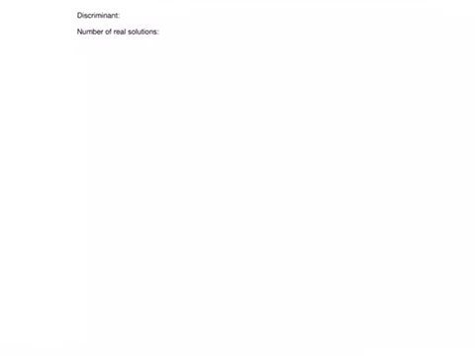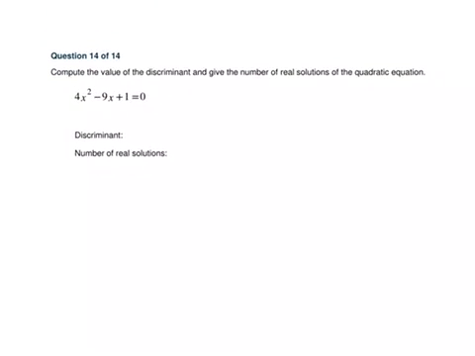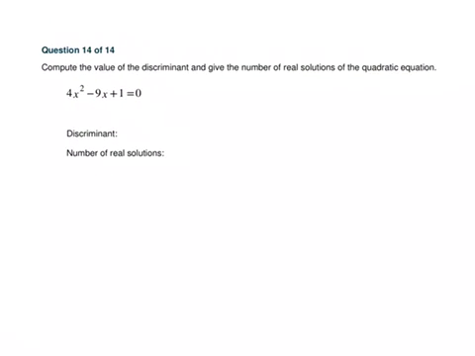Question 14 is the last one that we did, and it's the discriminant one. Pretty easy, straightforward. Remember, you don't have to remember this by heart, but the discriminant is b squared minus 4 times a times c. And remember, you have a, b, c right on top of here. So when we plug it into the discriminant, we should get -9 squared minus 4 times 4, which is a, times 1, which is c.